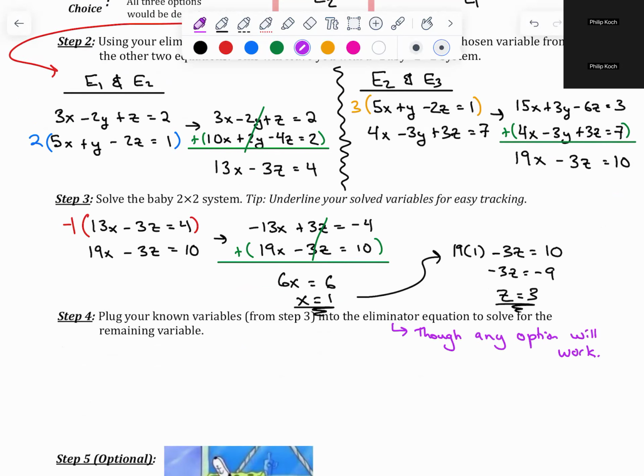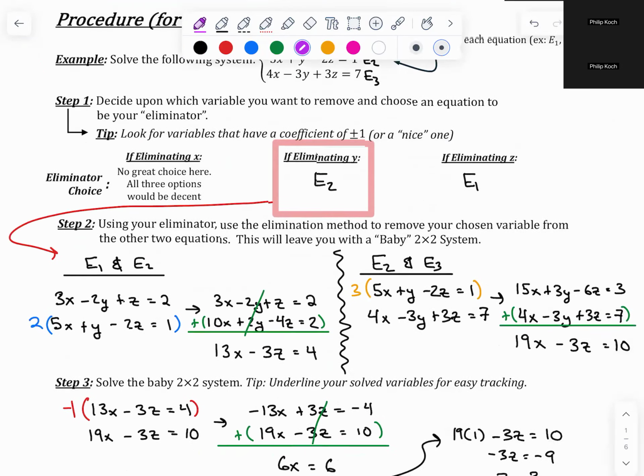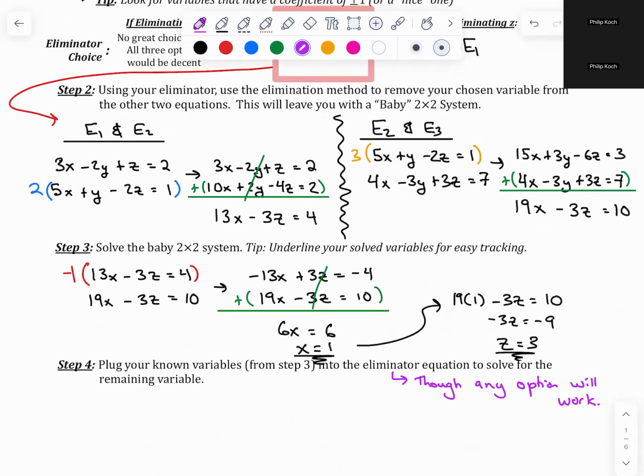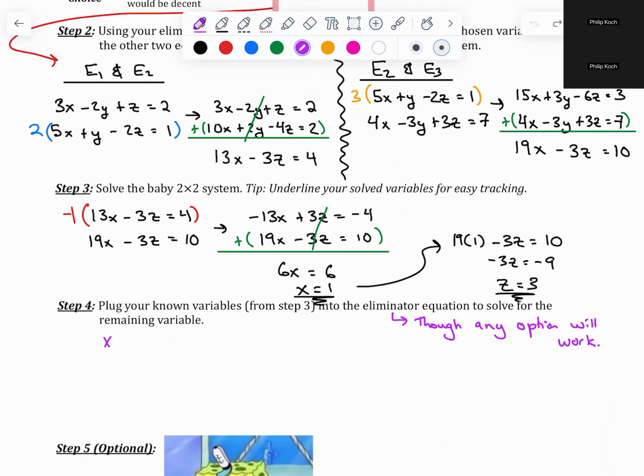So the eliminator was 5x plus y minus 2z. So we have x equals 1, z equals 3. And we'll use our eliminator, which was 5x plus y minus 2z is equal to 1.